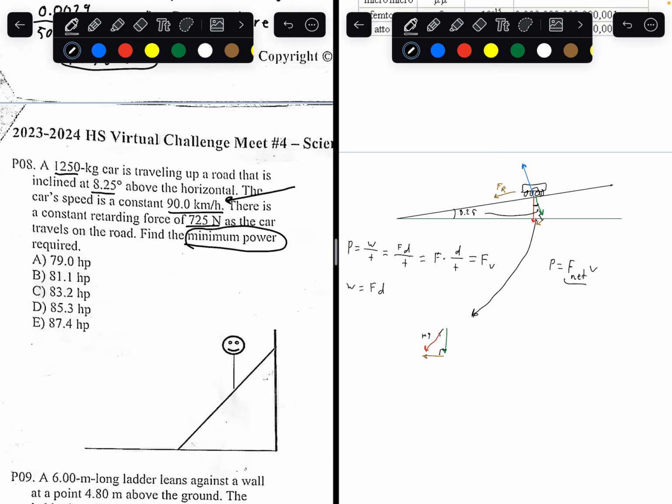So this angle over here would be 8.25. I'll draw that triangle a bit bigger. So you have mass times gravity. This would be mass times gravity cosine of 8.25. This would be mass times gravity times sine of 8.25.